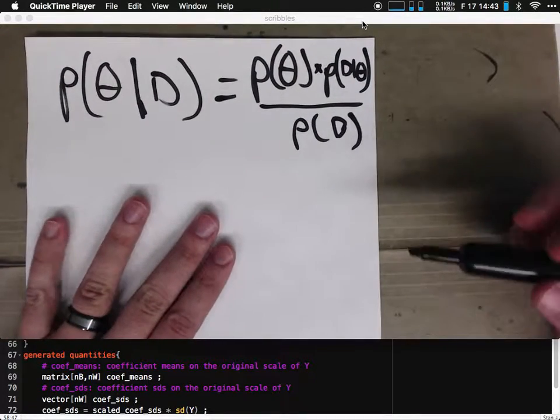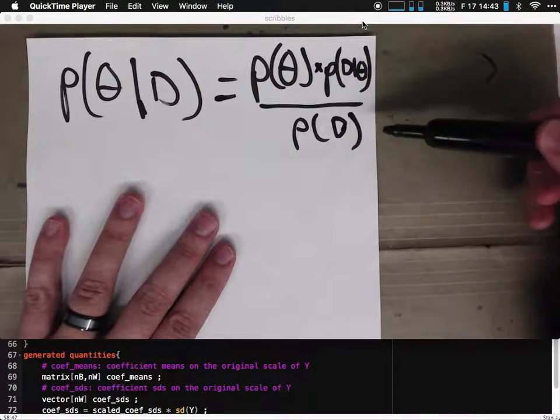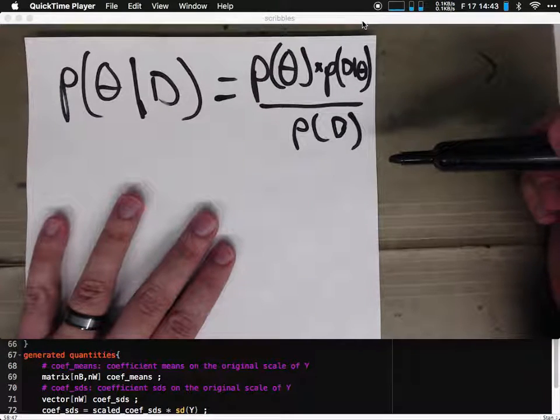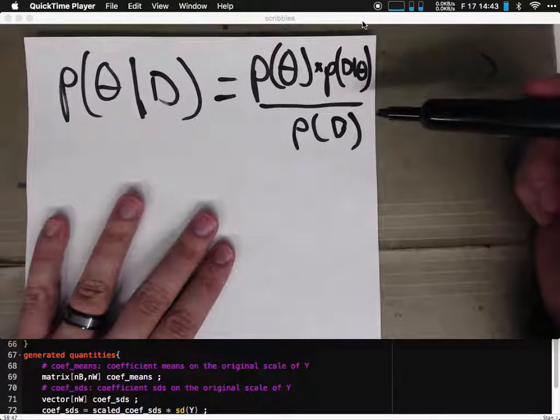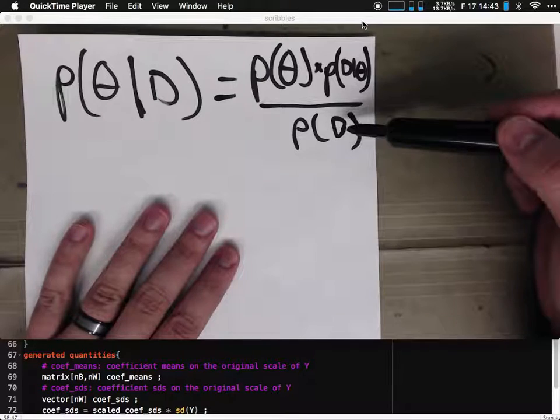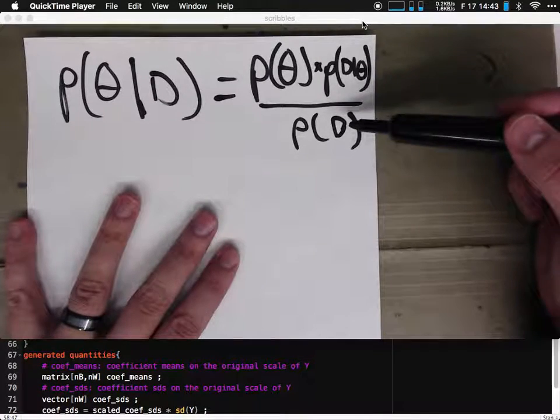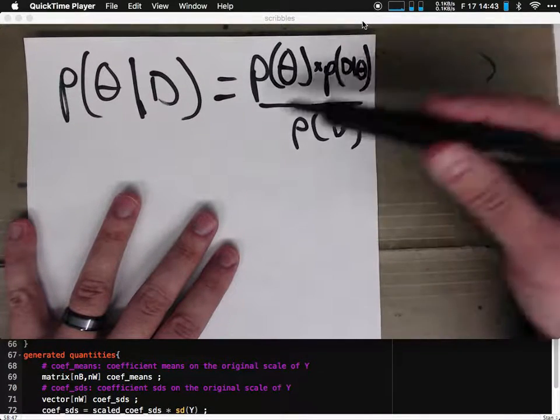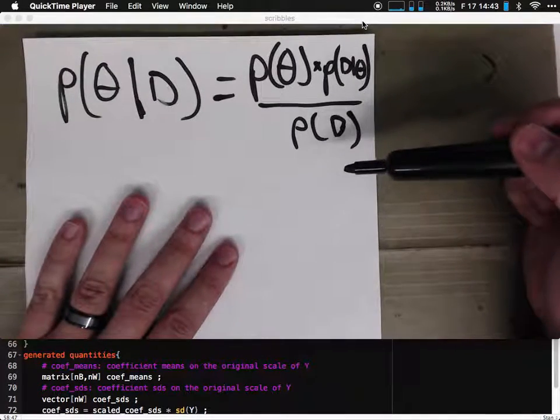You'll have to just trust me that you actually can just ignore this bottom point. The background on that, just really quickly, is that for a given question, you're going to have the same data when addressing that question.